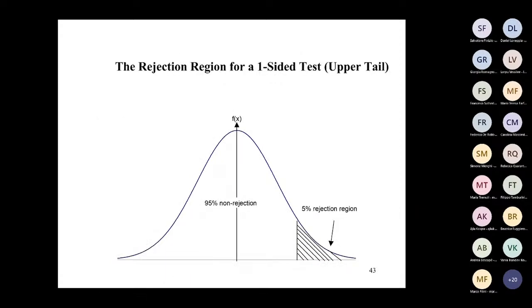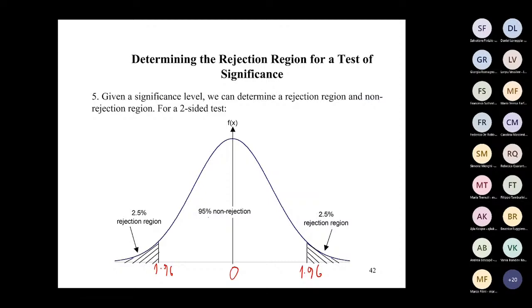This is the level. This is the case for the normal distribution, and these are the 2 tails.